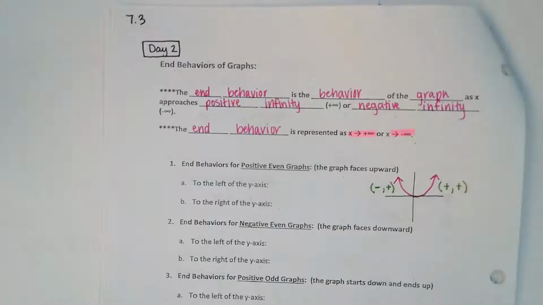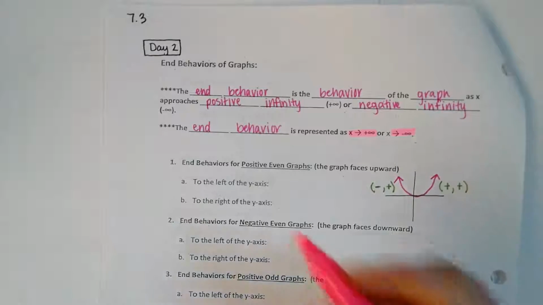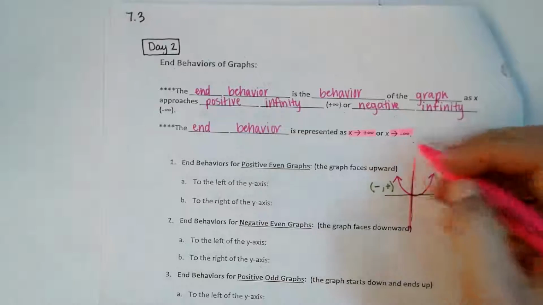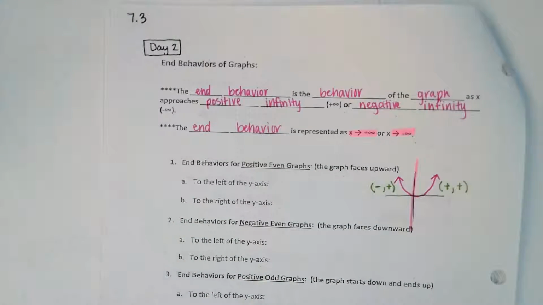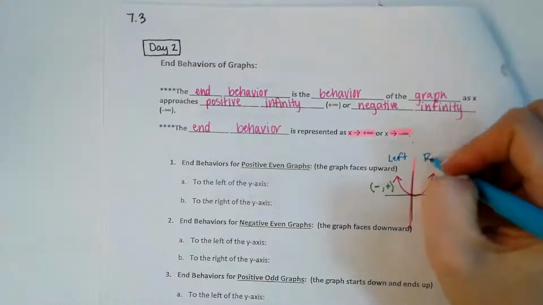Okay. So when you're talking about your end behavior, you're going to look across your x and your y axis. When it says the left, this would be the left side, and this would be the right side.